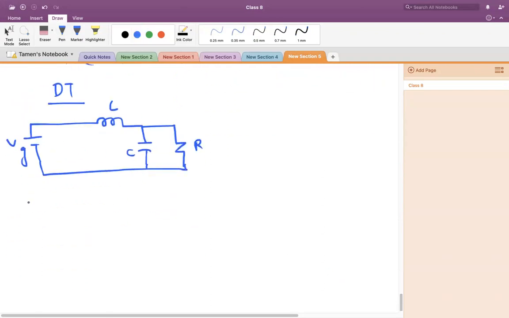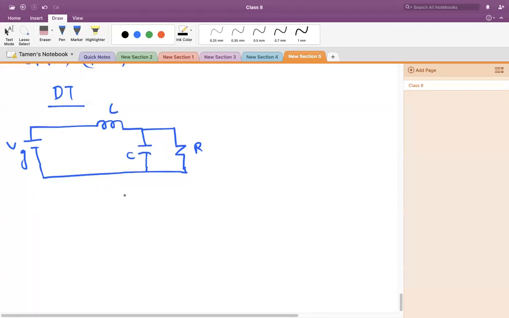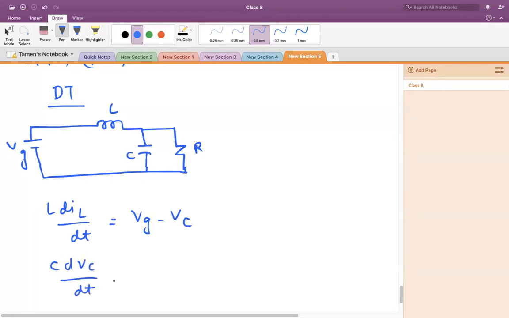So while we solve the equation, we'll get L dIL by dt equal to Vg minus Vc, and C dVc by dt will be IL minus Vc by R. You can ask me if you find any doubt in between.